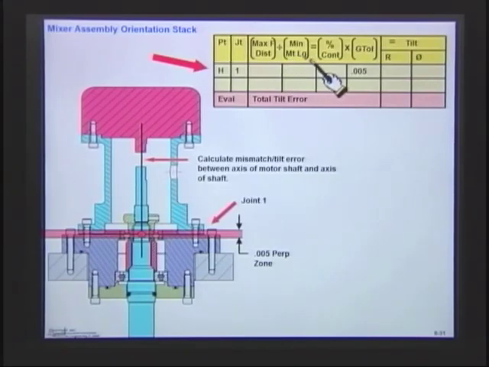This is our formula: the maximum feature distance divided by the minimum mount length will give us our contribution, or our ratio. And remember how it works: when you have a short distance over here and a long distance over here, the shorter this distance is, the more this will tilt out here. So we're looking for the distance from here to here.